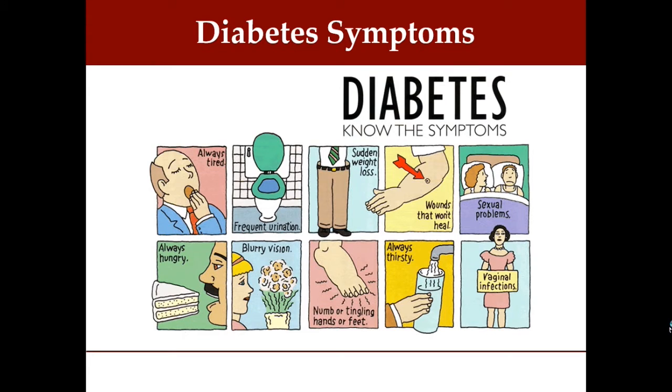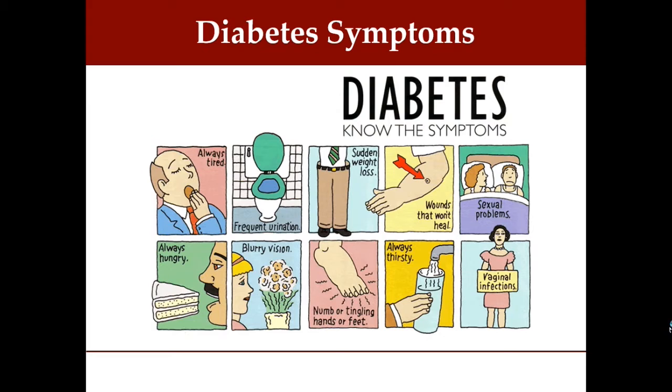This slide here illustrates very well a lot of the symptoms of diabetes. A lot of these are pretty vague, but patients usually don't experience these until their blood sugar gets very high and the disease gets very advanced. So patients who have very elevated blood sugar may feel tired often, frequently urinate.